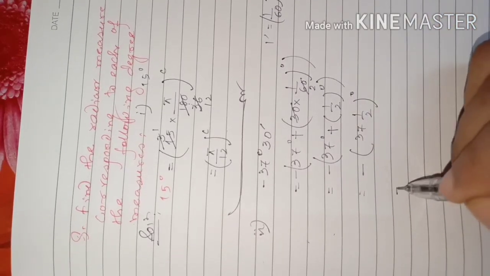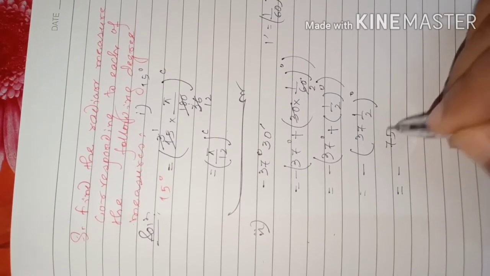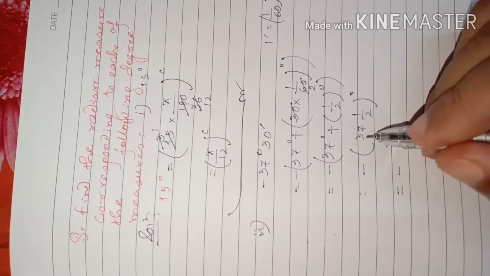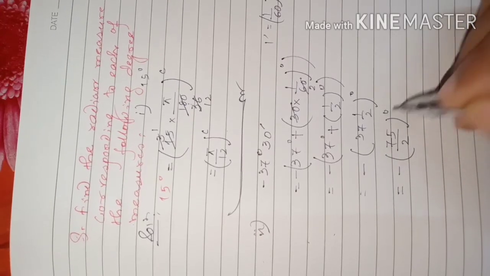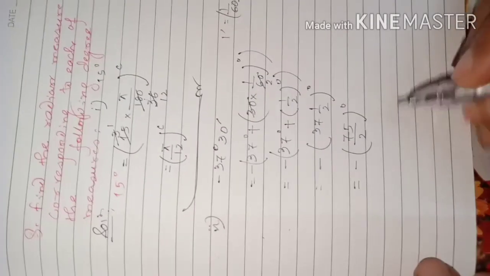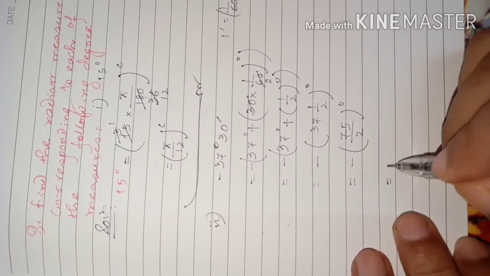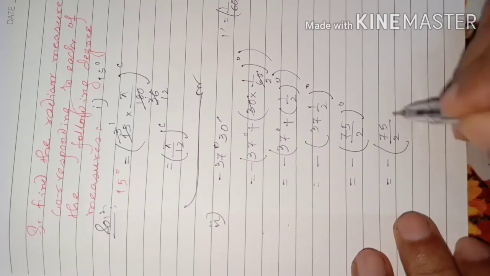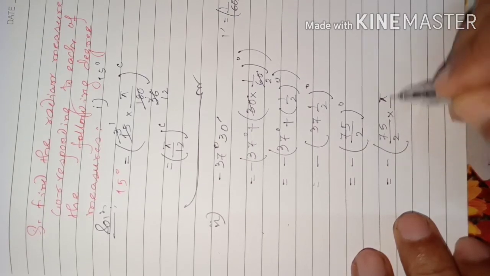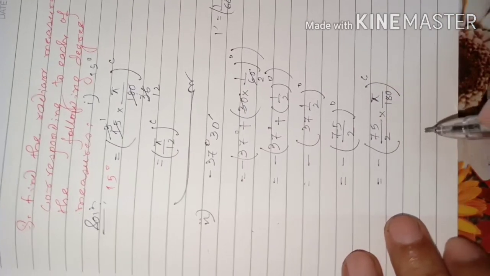Then it will be minus 75 by 2 degrees, since 2 into 37 is 74 plus 1, so 75 by 2 degrees. Now you convert into radian. Multiply by pi by 180: minus 75 by 2 into pi by 180. Then it becomes radian.